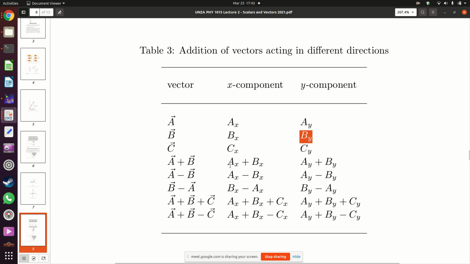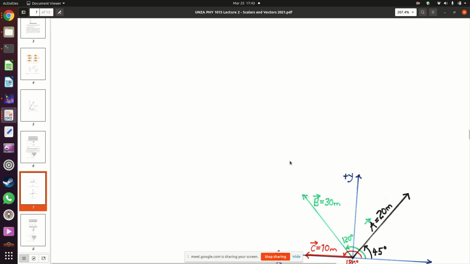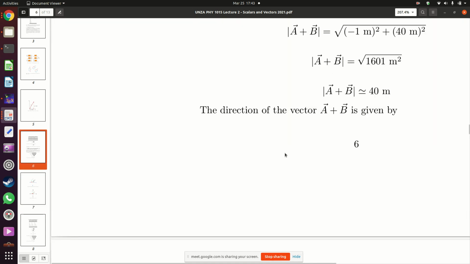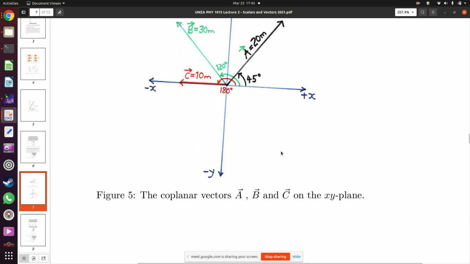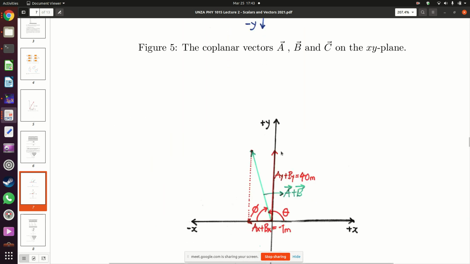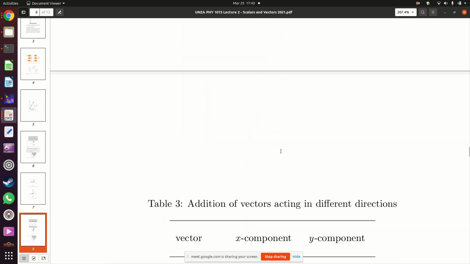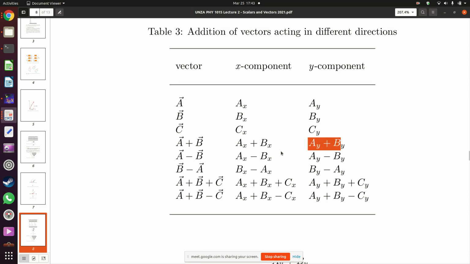If you know how much a plus b is along the x-axis and along the y-axis, you can use Pythagoras theorem to find a plus b. You can also use that tangent thing, tan theta equals ay divided by ax, to find the angle which this vector makes.